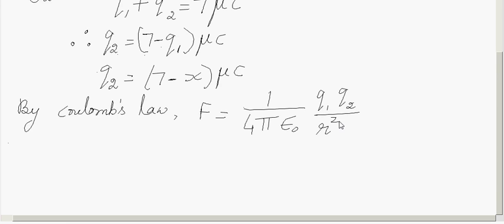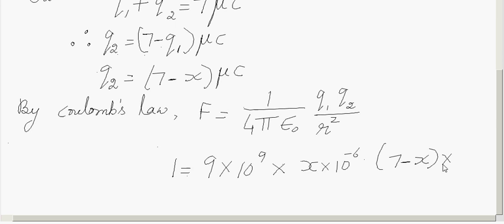Substitute all the values. Given F is 1 Newton and we know 1 by 4 pi epsilon naught is 9 into 10 to the power 9, into Q1, we took x microcoulomb, Q2 is 7 minus x microcoulomb. Micro is 10 to the power minus 6, so this 10 to the power minus 6 comes from micro. Divided by R square.